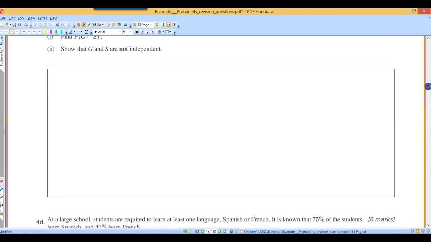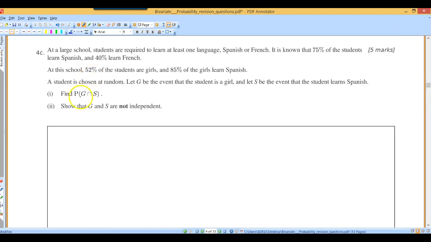So I think for C, what we did here was we took, for G intersection S, 0.52 times 0.85 and got, I think from memory, 0.442.